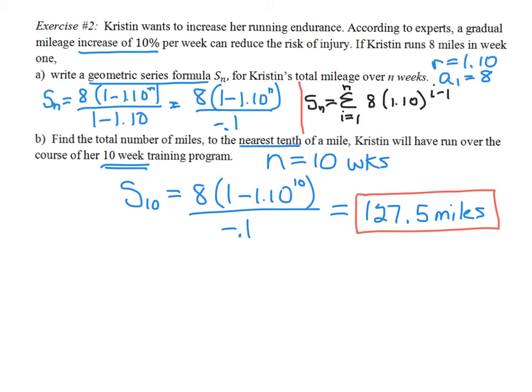Could I have started off and said, okay, A1 is equal to 8 miles, A2 is equal to 8 times 1.10 and get that answer.